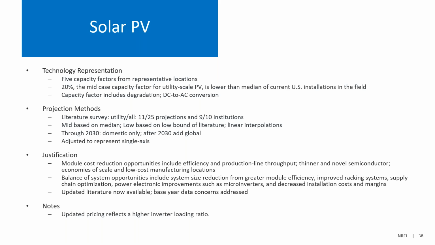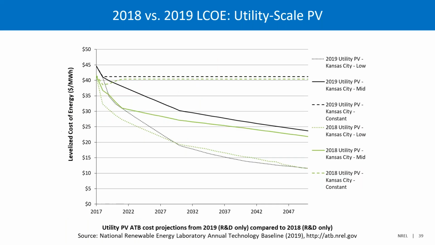In previous years, we used average reported pricing for the base year and then switched over to a bottom-up benchmark. Now, for our base year, we also use the bottom-up benchmark, to be more consistent with other technologies and with our forward projections. Our updated pricing reflects higher inverter loading ratios.